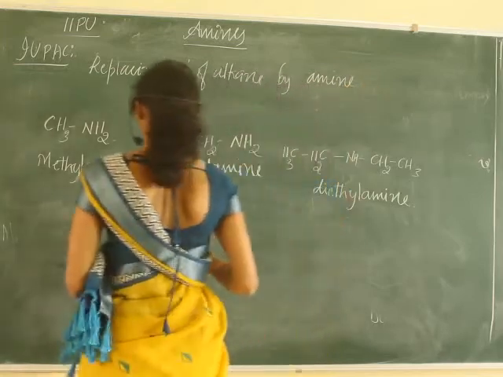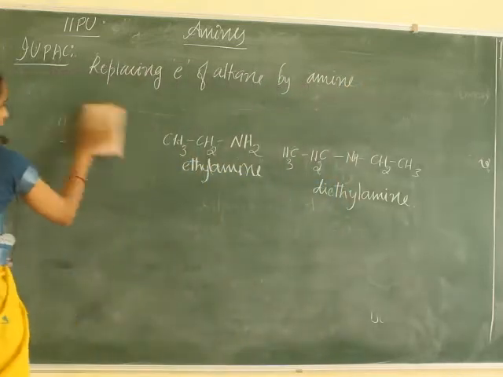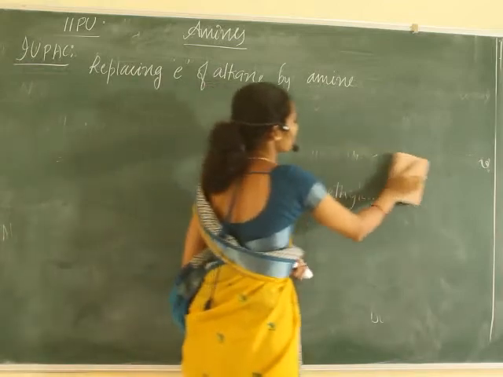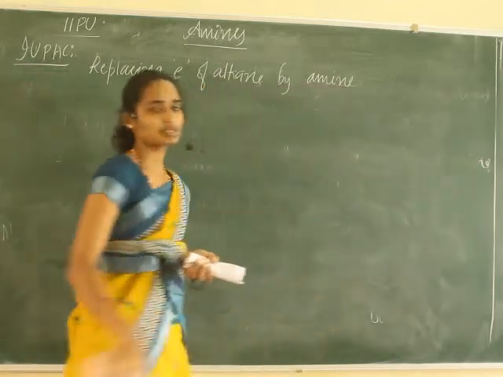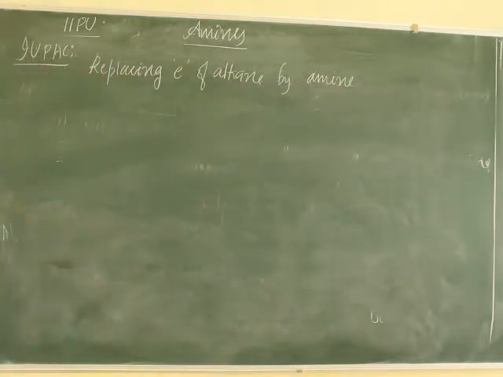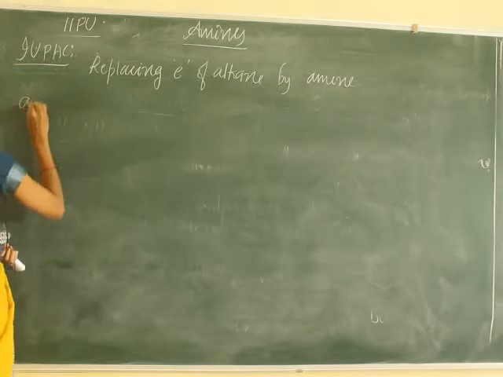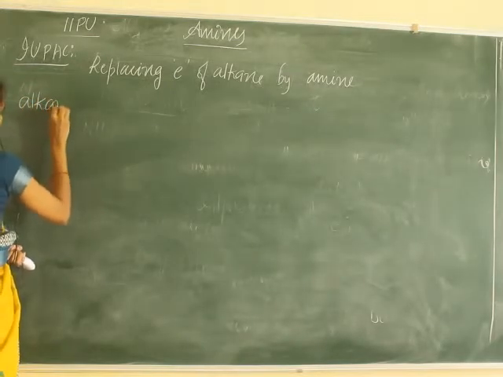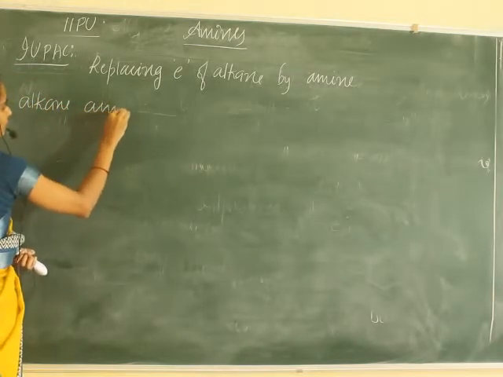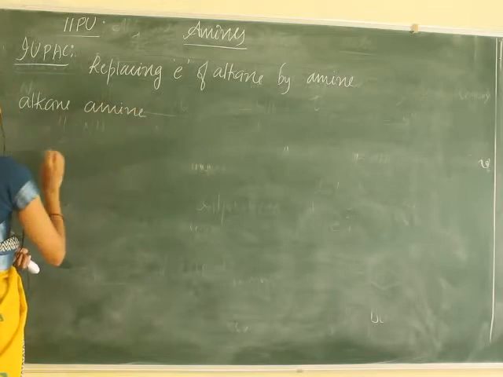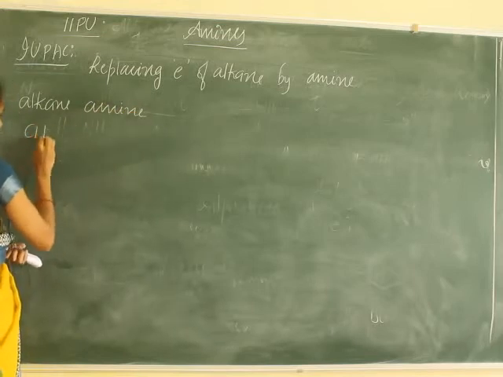Okay, we replace the E of alkane by amine in the IUPAC system. That is, if there is any alkane and an amine group is present, we replace the E by amine.